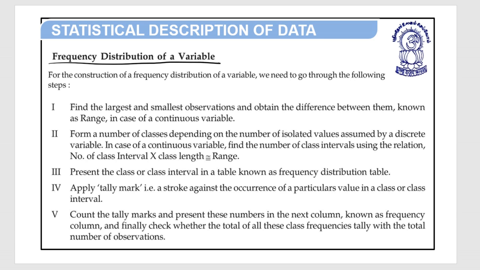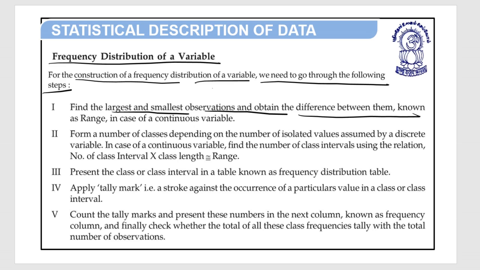Frequency distribution of a variable. For the construction of a frequency distribution of a variable, we need to go through the following steps. First, find the largest and smallest observation and obtain the difference between them, known as range, in case of a continuous variable.